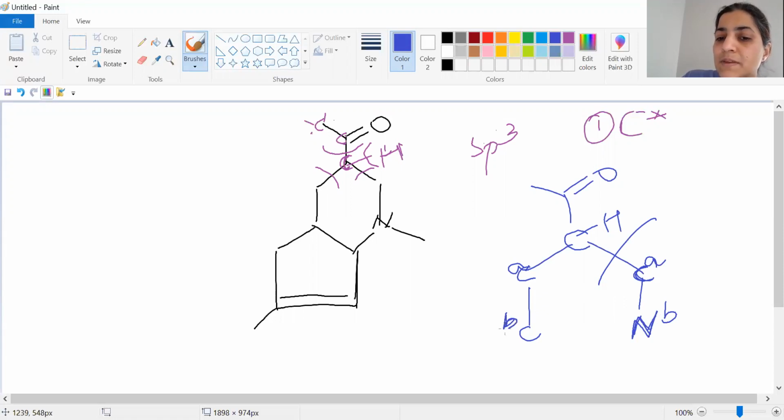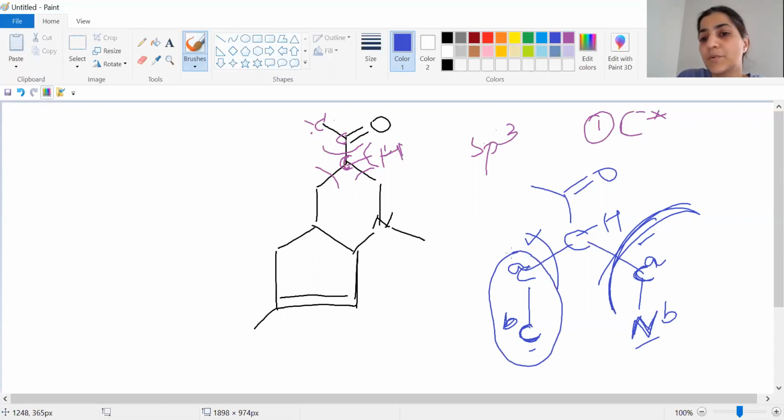But as an atom B on this side, I have an atom C. So both of these are different groups. Nitrogen being higher in atomic mass than carbon, this group would have more priority over this particular group.